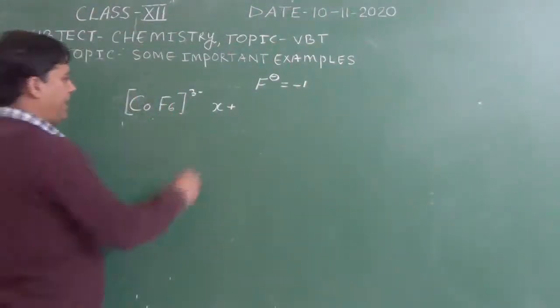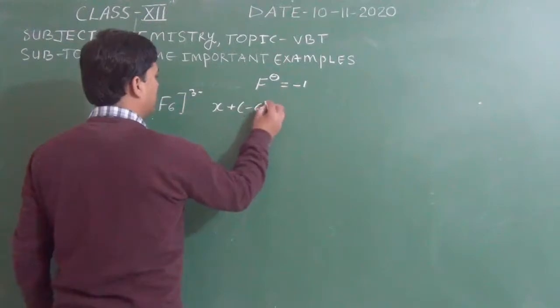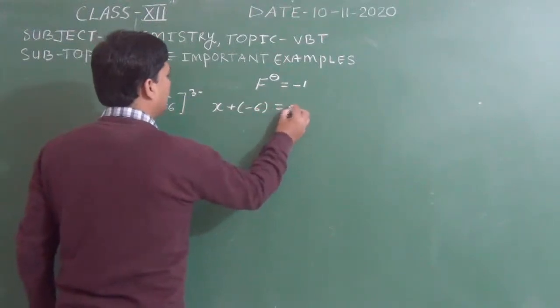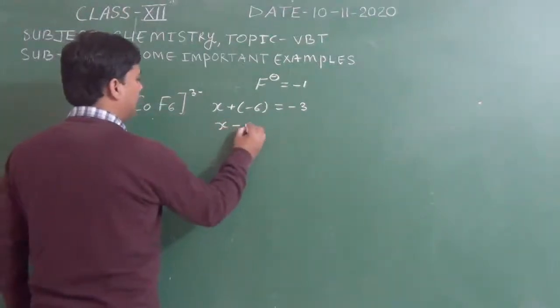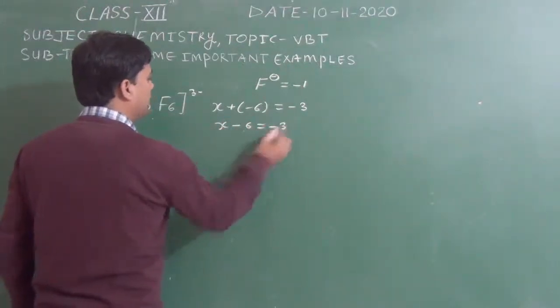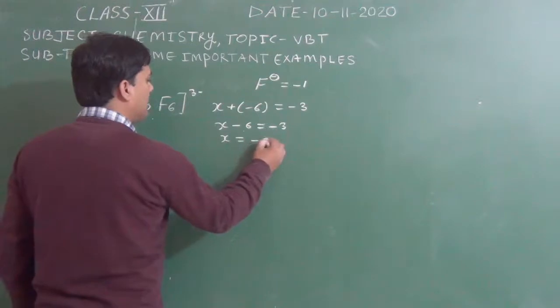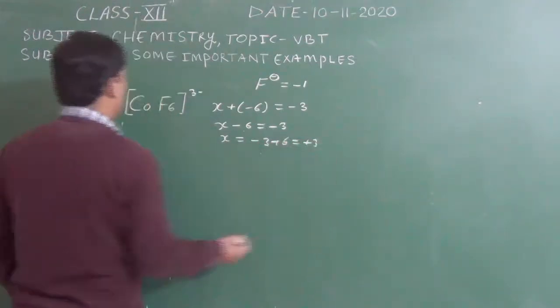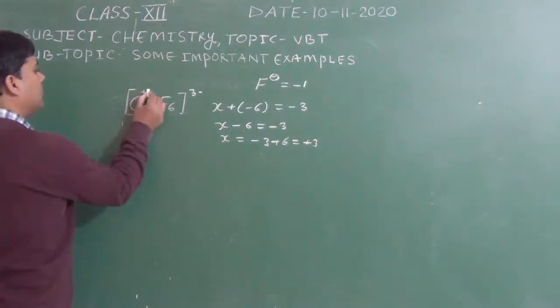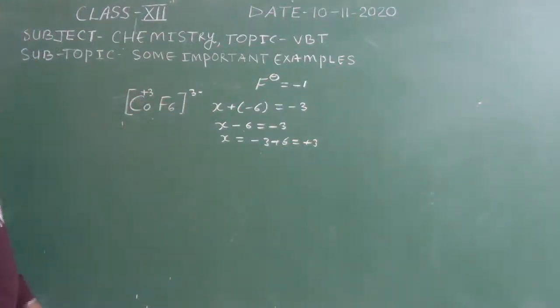So X plus (-6) is equal to -3, so X minus 6 is equal to -3, so X is equal to -3 plus 6, which gives +3. So the oxidation state of this cobalt is +3.